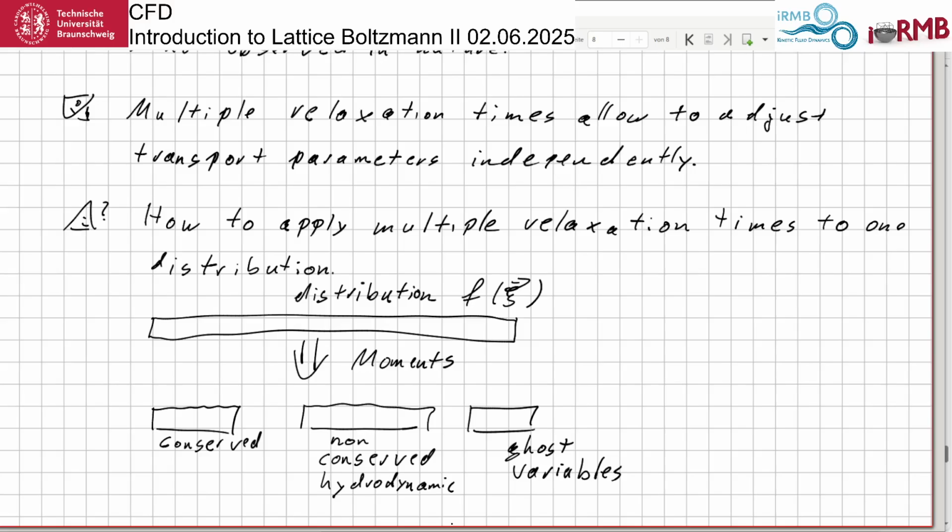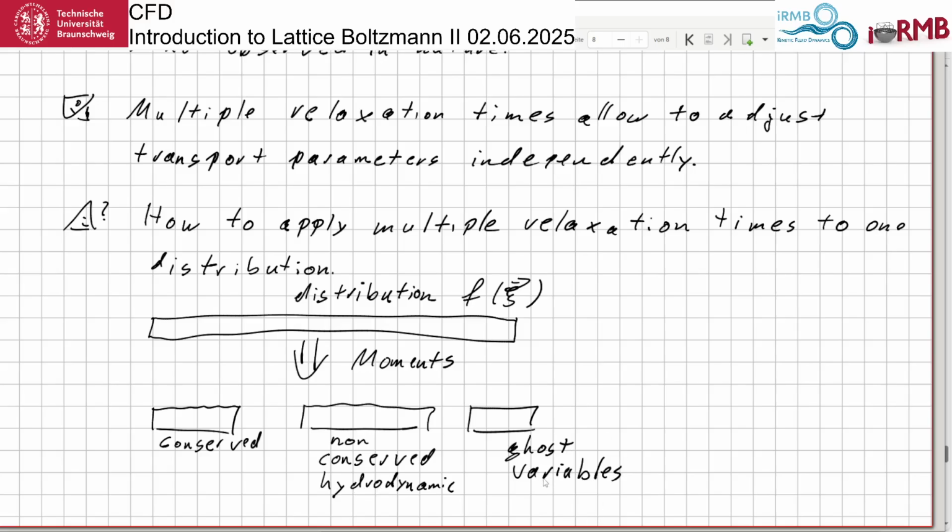Maybe you don't want to call them ghost variables. This is just the way they are called in this field here, because they are assumed to have no real effect. Yeah. So the hydrodynamic moments, they are the ones that are related to these binary collisions, and they are supposed to be related to the kinematic viscosity.